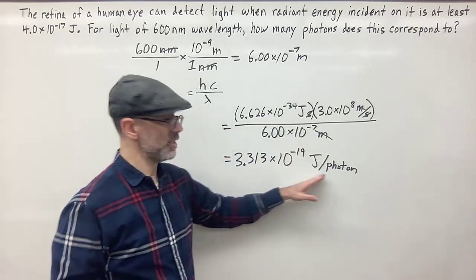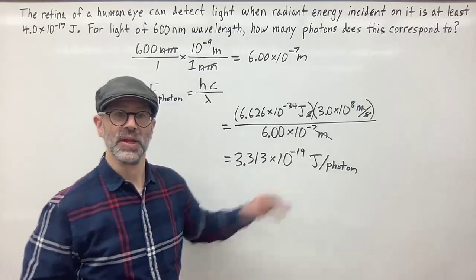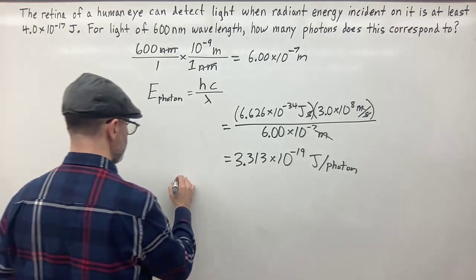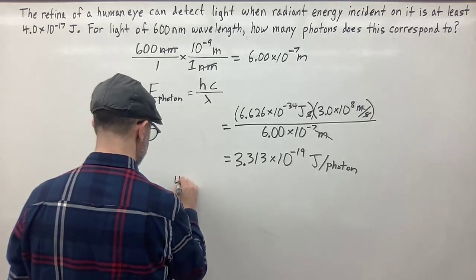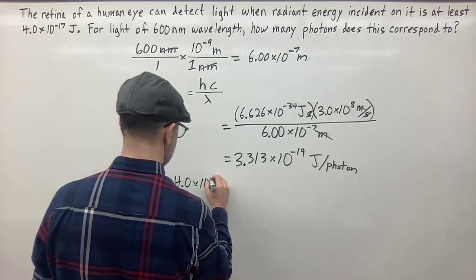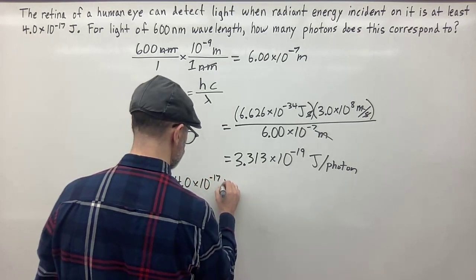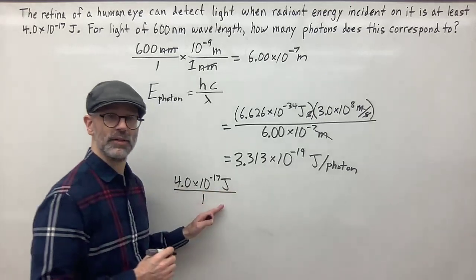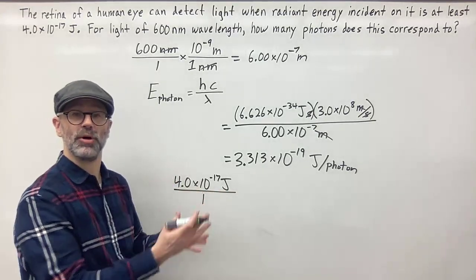So I can use this as a conversion factor. Here, I'm going to start with the given amount of energy. The total amount of energy is 4.0 times 10 to the negative 17 joules over 1. And now I want to convert joules of energy to number of photons.